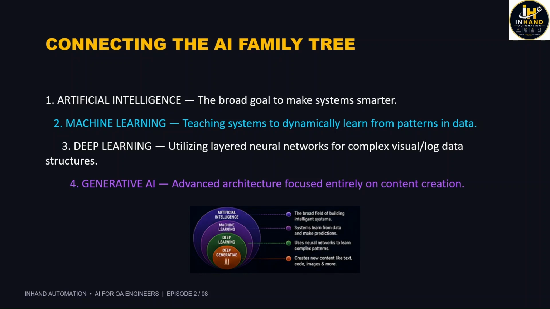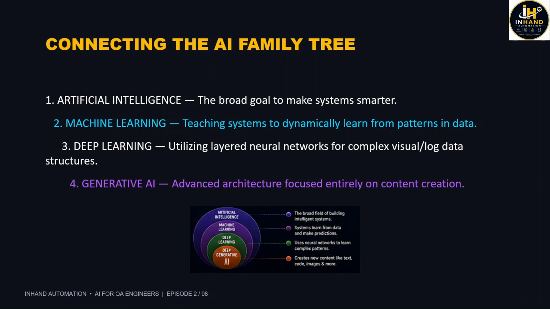Deep learning uses multi-layer neural networks, which learn from complex patterns. And then we have generative AI systems that generate new content. So AI is the big field. Machine learning teaches systems to learn from data. Deep learning is a powerful machine learning approach. Generative AI focuses on generating new content, right?